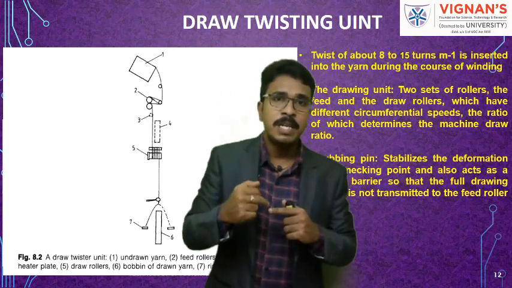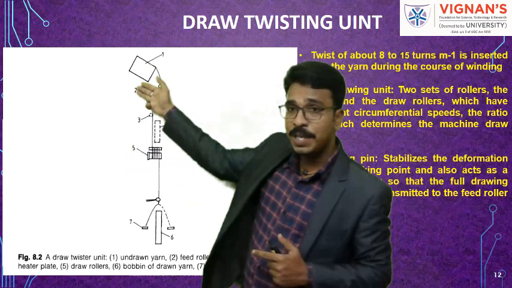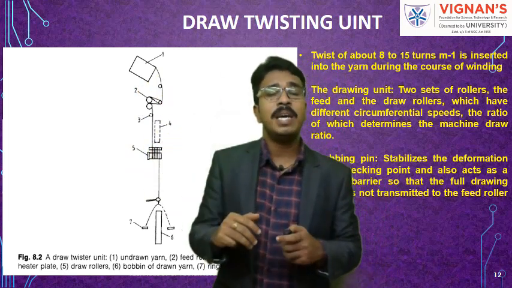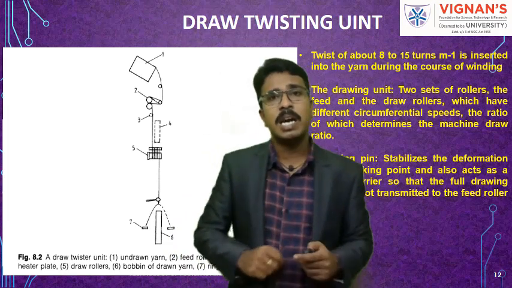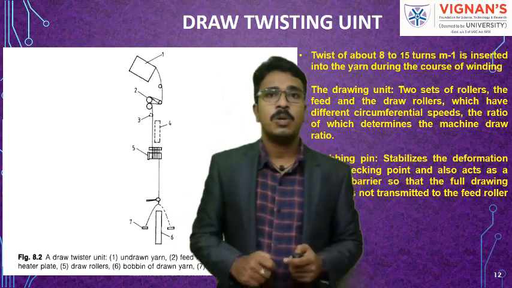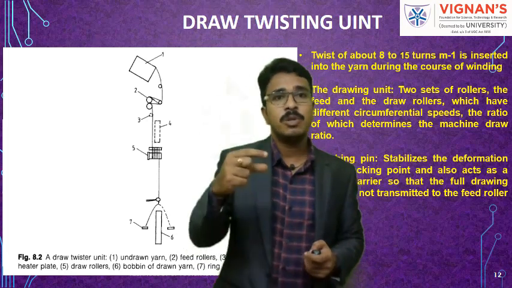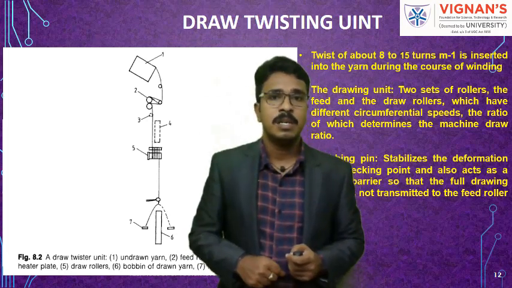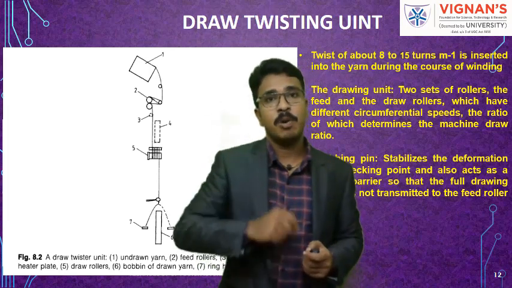So if the complete drawing tension is transferred from the draw rollers to the feed roller nip, what will happen? We can expect a number of yarn breakages. So to avoid that, we have this snubbing pin just below the feed rollers. It stabilizes the deformation or the necking point.